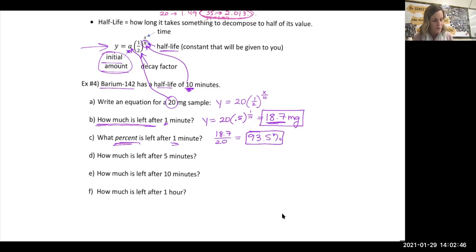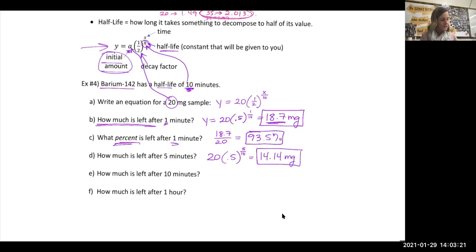So when you plug that in, 20 times 0.5 to the 5/10, you can plug 5/10 in as 1/2 if you like that better. That's fine too. They're the same thing. You get 14.14 milligrams. Just pay attention to where they ask you to round to on these. We'll specify.